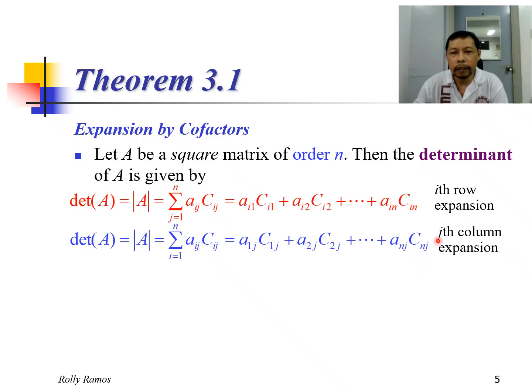So generally, on the jth column, the determinant of A would be equal to the summation of Aij times Cij, where i goes from row 1 up to row n, and j is any column. So that is how we find the determinant of a matrix by cofactor expansion.